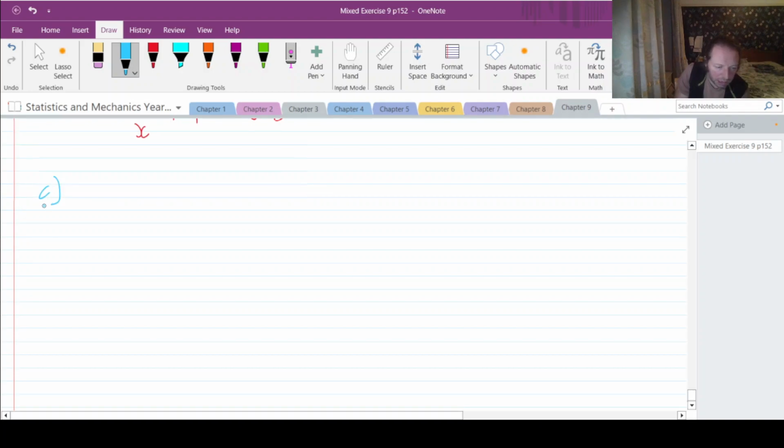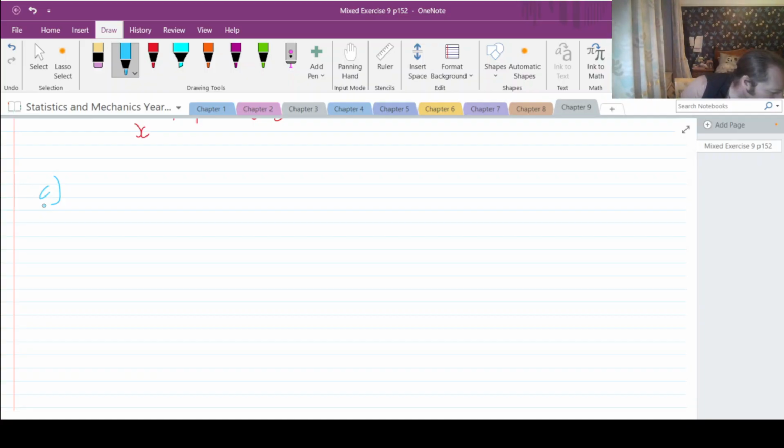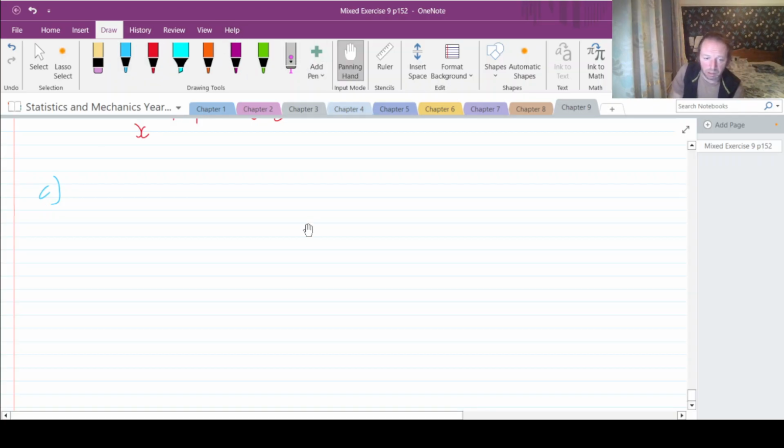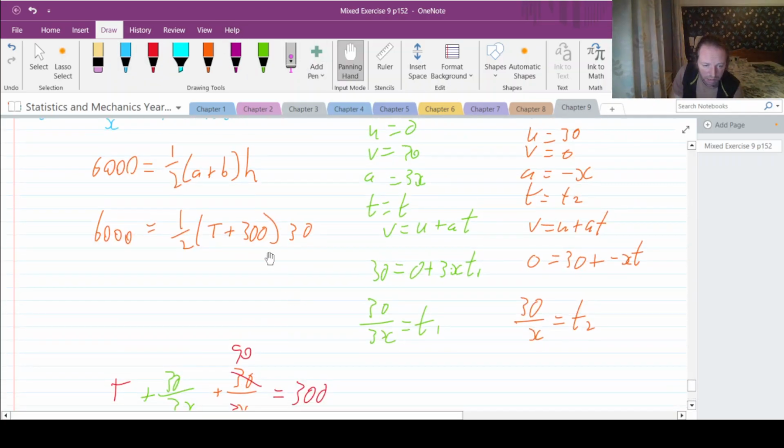Part C. Find the value of t and the value of x. Well, we've already got something up here in the orange that should be able to give me the value of t. So 6,000 equals a half t plus 300.